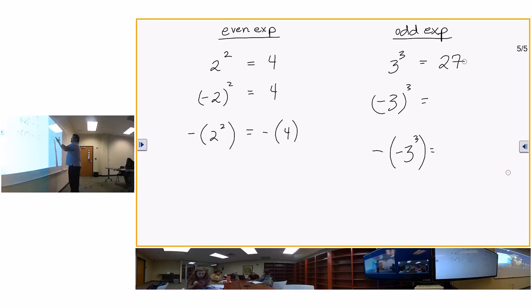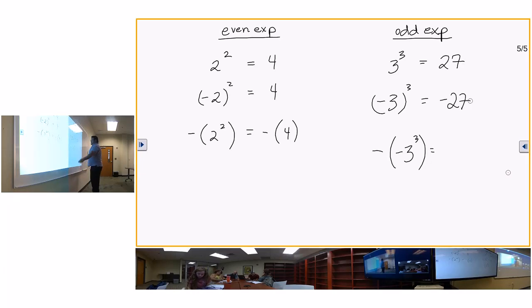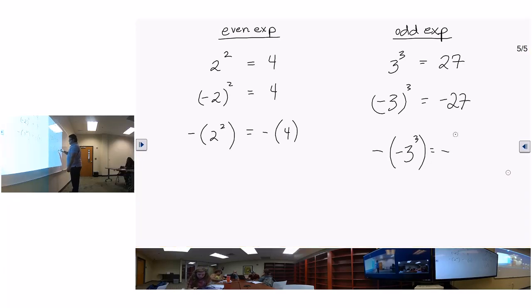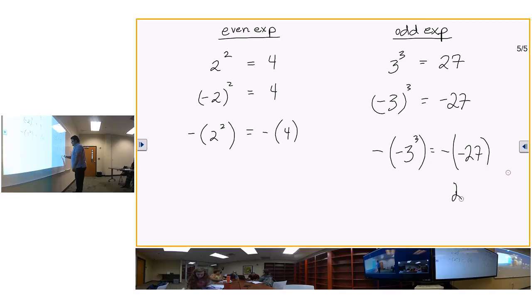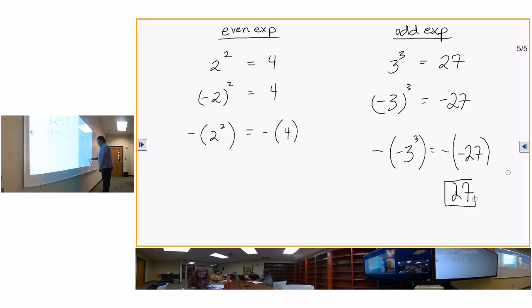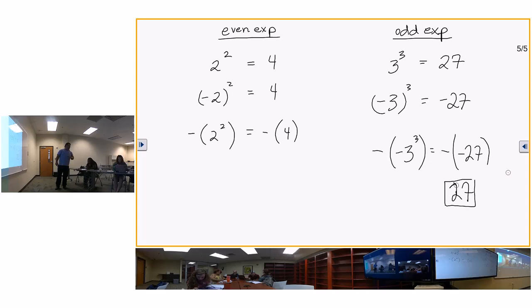Negative 3 to the third power is negative 27. And negative 27 is what? Positive 27. So you got to be careful with what type of problem you have.